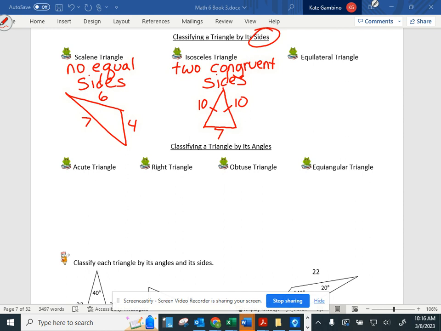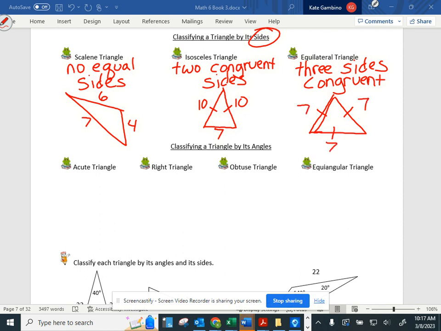Our last triangle when classifying by the sides is the equilateral triangle, and that means all three sides are congruent. So we would see that all three sides have the same mark, all three sides would have the same measurement.